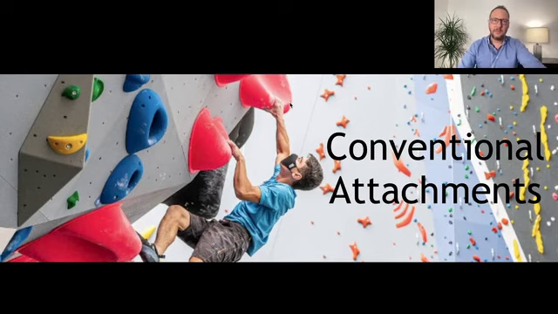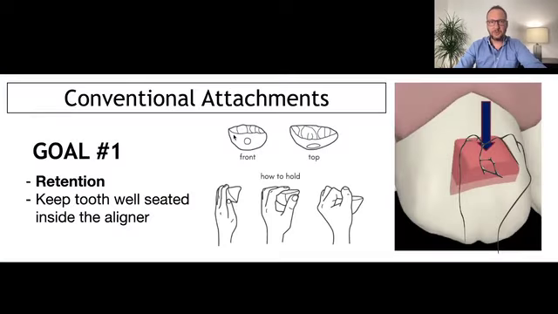The same thing happens with the aligners. If we don't have an angle there, a surface that the aligner is going to hold to put the force where we need, when we start applying force it is going to slip over and we're going to lose tracking, okay? So when we talk about attachments, remember this.